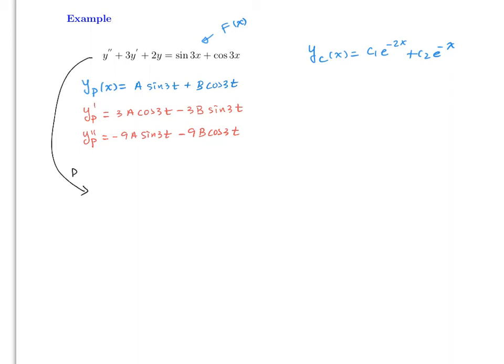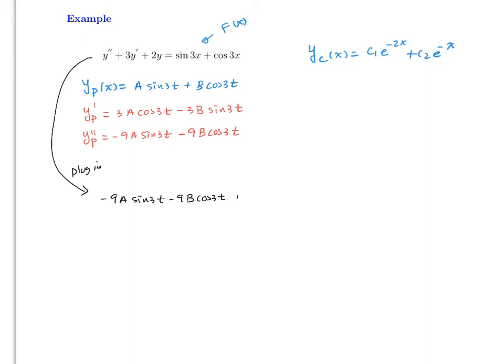Okay, so I'm going to plug it in like we did before. So we're going to have minus 9a sine 3t minus 9b cosine 3t.